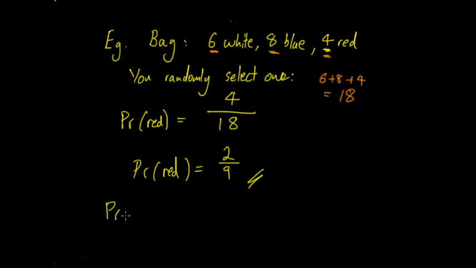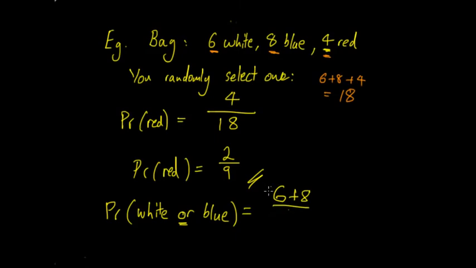So what about if you want to know the probability that you pick a random marble and it's either white or it's blue? So there are 6 white ones, but there's also 8 blue ones. So whether you pick a white one or a blue one, they both satisfy.